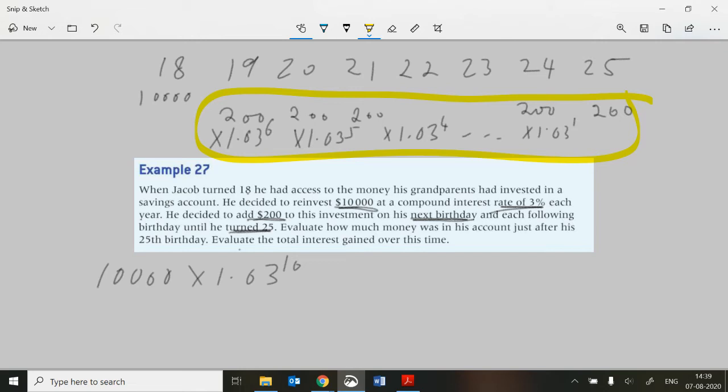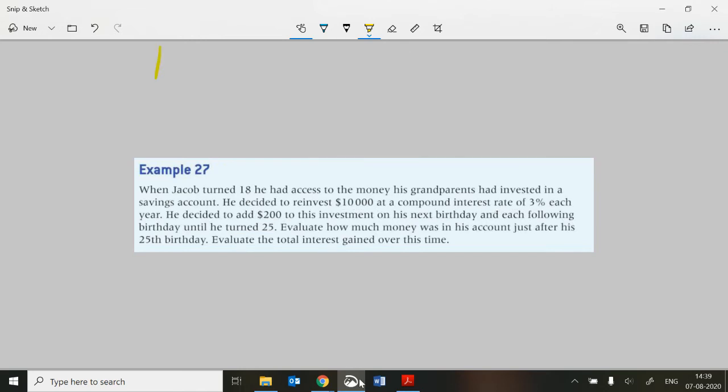Okay, right, I'm going to get rid of all of this just to give myself a bit of extra space. So we had now 10,000 times by 1.03 to the power of 7. And then we had the sum of, I can actually write it in sigma notation here, from 1 to, now there were 7 things that I was adding together, remember.